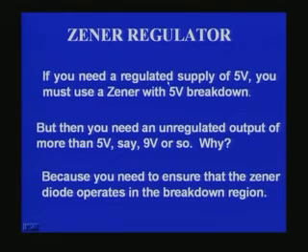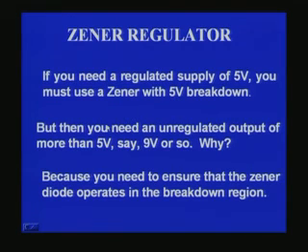If I need to design a regulated power supply for 5 volts, then you have to use a Zener diode which has a breakdown voltage of 5 volts. If I want a voltage source of 12 volts, then I must use a Zener diode which has a breakdown voltage of 12 volts.